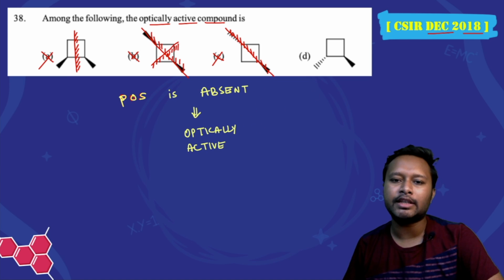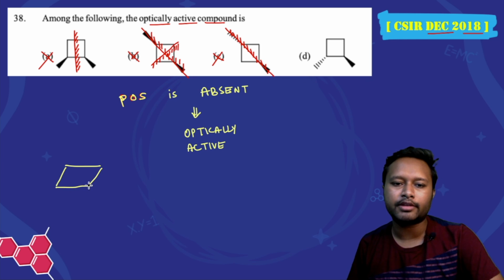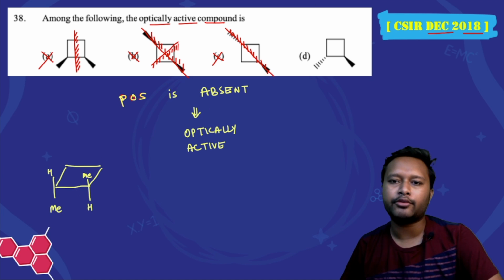If you want to see it from a different perspective, you can draw this four-membered ring like this, okay. So you can draw the side view of this group, and you will find out that the methyl group on this carbon is below the plane, whereas the other methyl group is above the plane. The hydrogens are here, and now if you see the axis of rotation, the axis of rotation is this, okay.